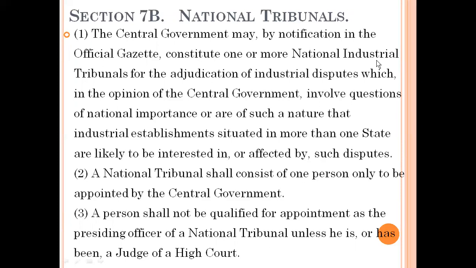A national tribunal shall consist of one person only to be appointed by the central government. A person shall not be qualified for appointment as the presiding officer of a national tribunal unless he is or has been a judge of a high court.